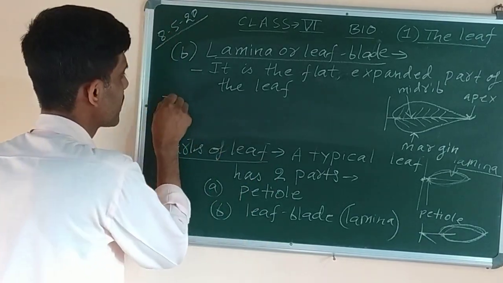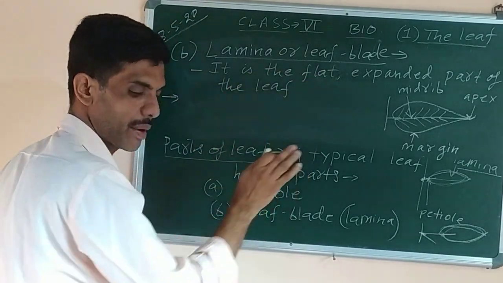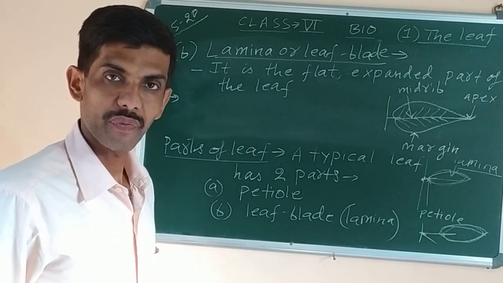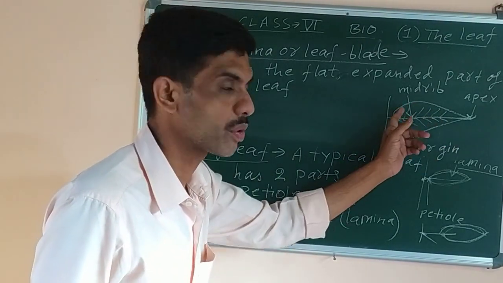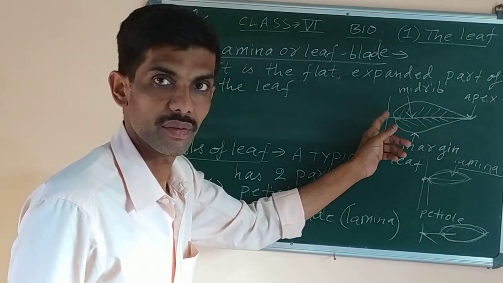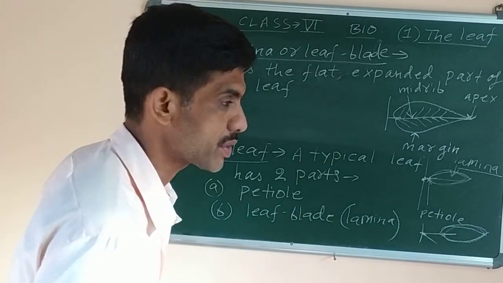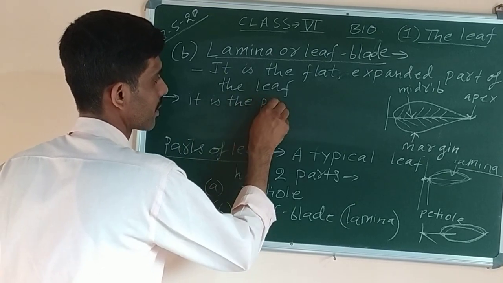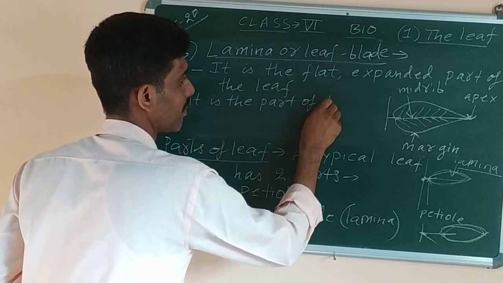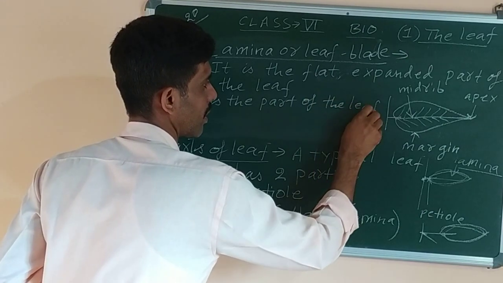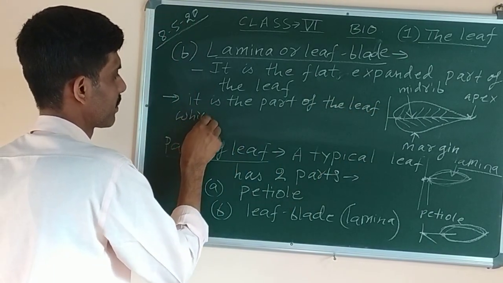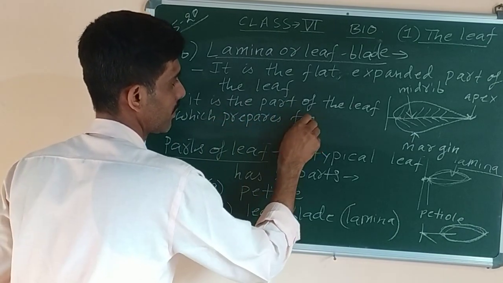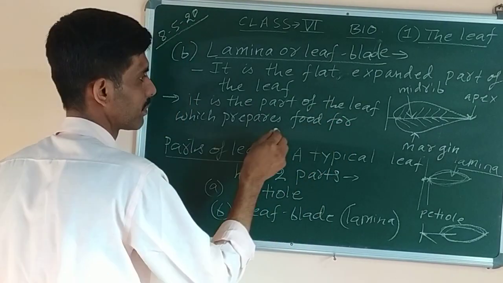Okay, so first we have to write it is the flat expanded part of the leaf, and this is the part of the leaf which prepares food for the plant, because here only the chlorophyll is present, not in the petiole. So it is the part of the leaf which prepares food for the plant.